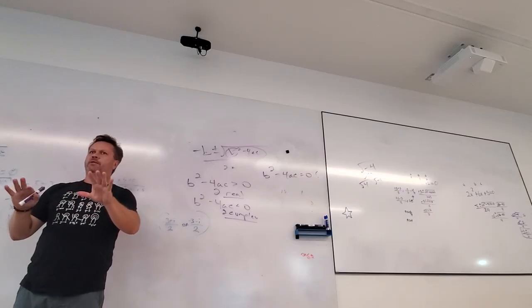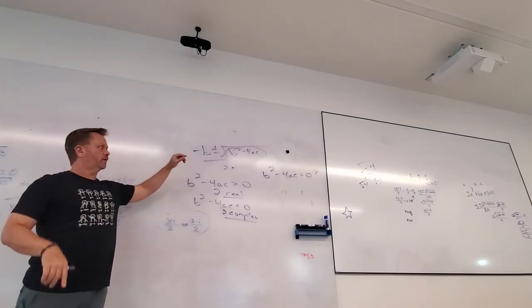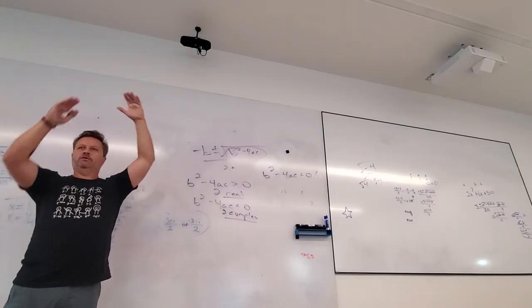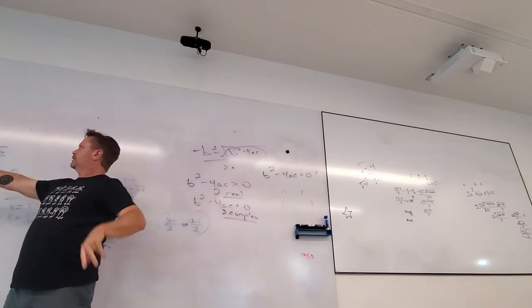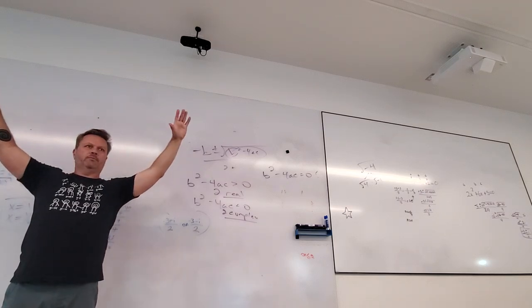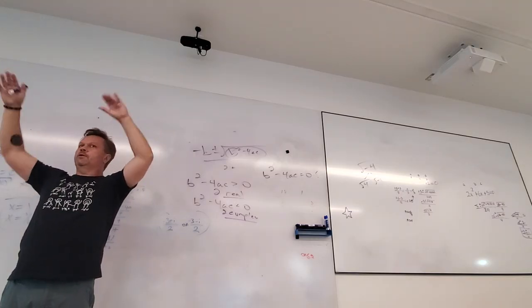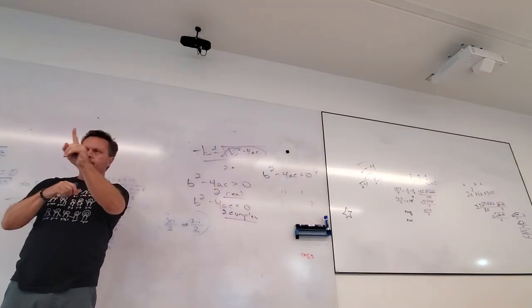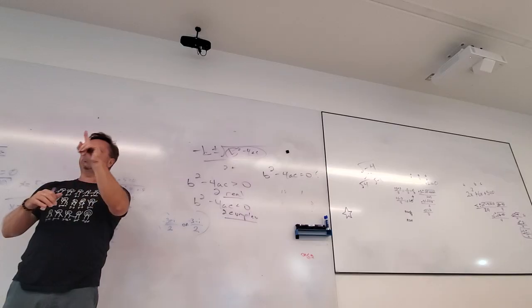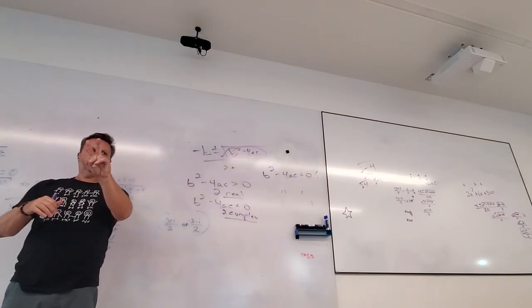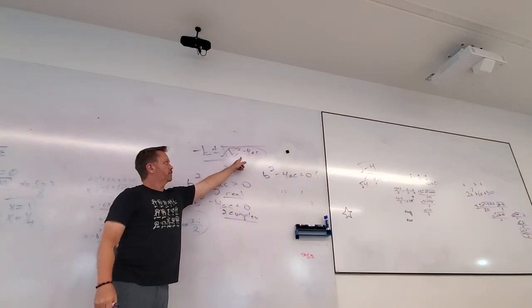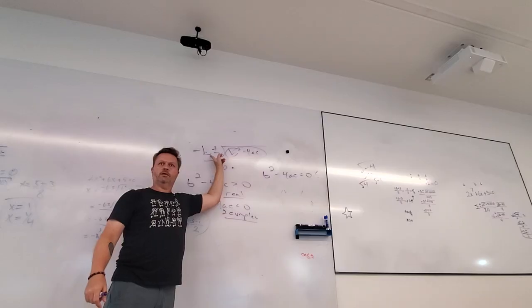It is impossible to get one complex solution from a real valued equation. What I mean by that is the equation started off with only real numbers, correct? So if you have a real valued equation, you cannot get one complex solution. They will always show up in pairs. And you see why. It's got a plus or minus, so the minute this is negative, you're going to get two.